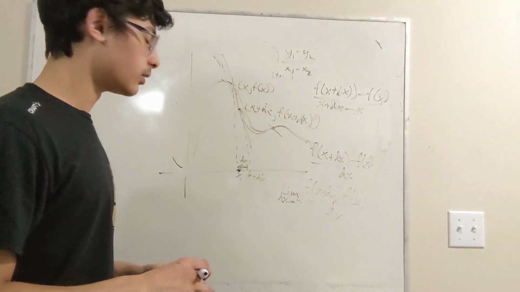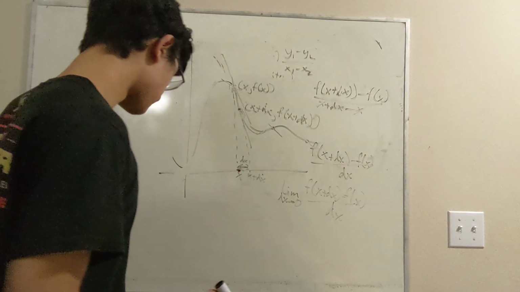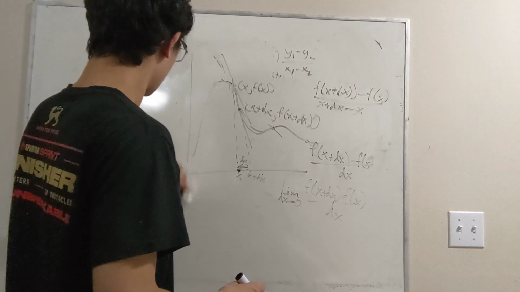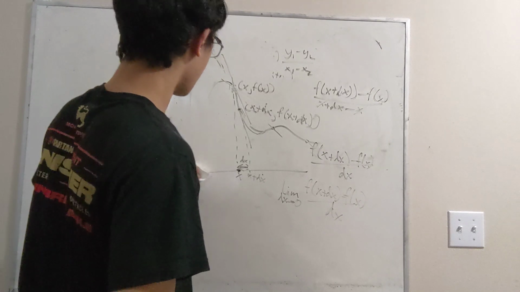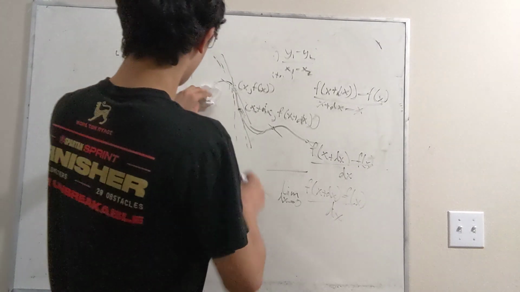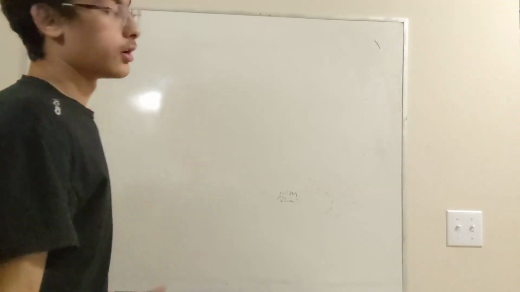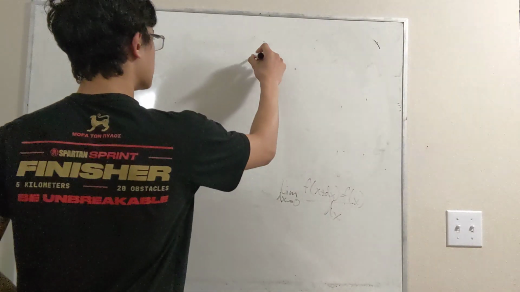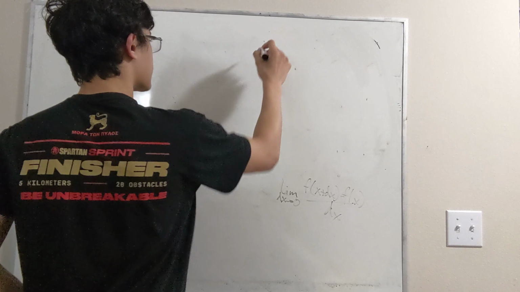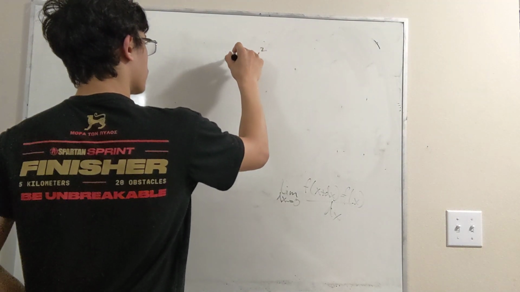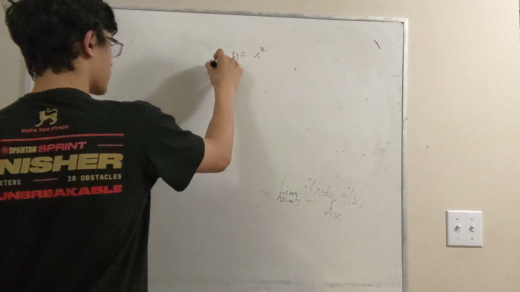Alright, so let's work through an example now. Let's say our function is y equals x squared. So let's plot it out real quick.